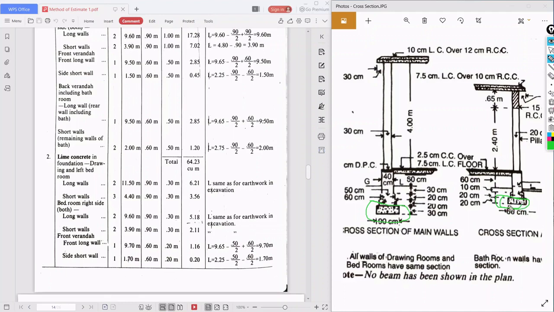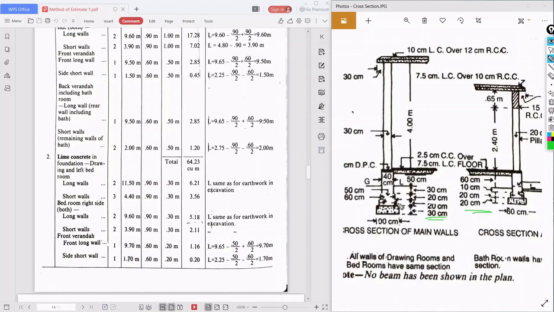This is for the 20 centimeter wall, and this is for the 30 centimeter wall, or main wall. It is the veranda wall. So what is the height of the CC bed? That is 30 centimeter, keep it in mind. What is the height of the CC bed in a veranda wall? That is 20 centimeter.